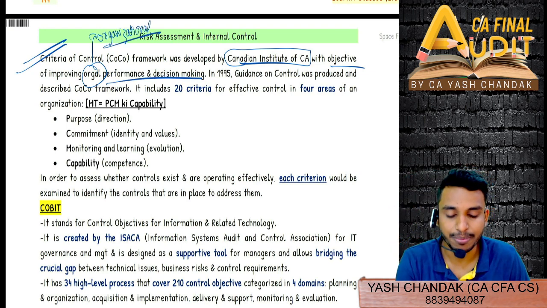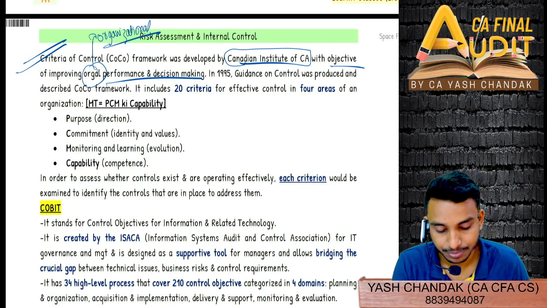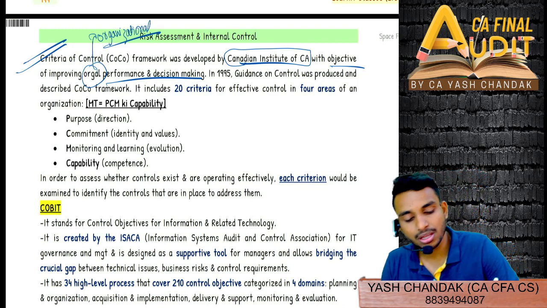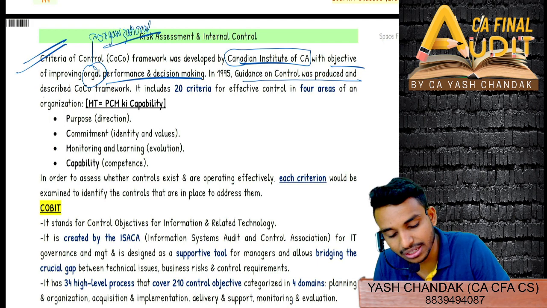So in 1995, guidance on control was produced and described as the COCO framework.